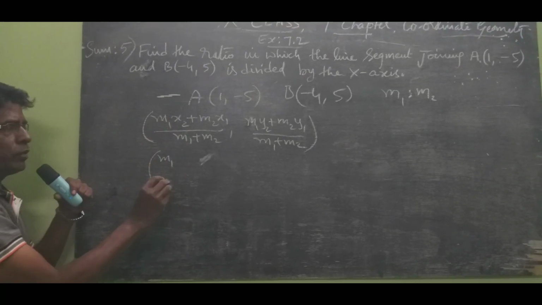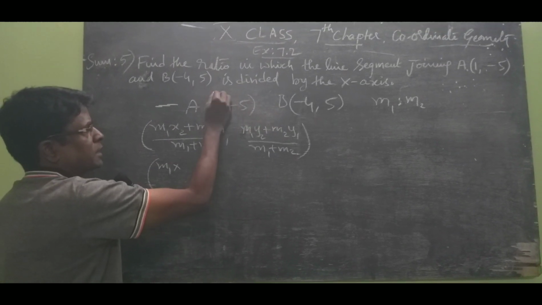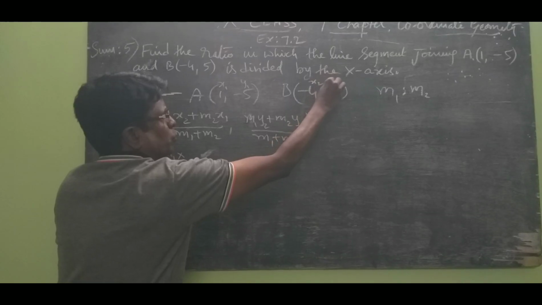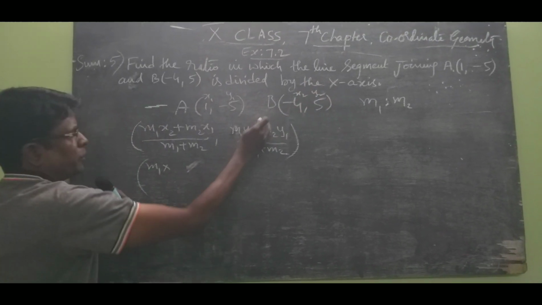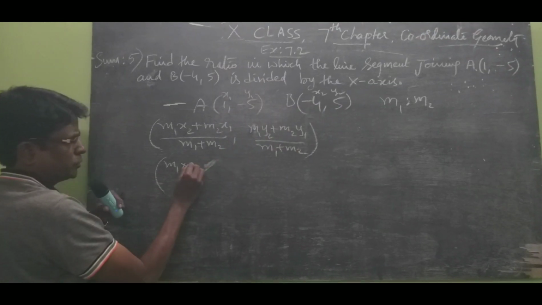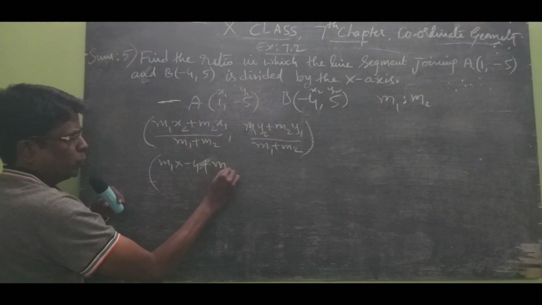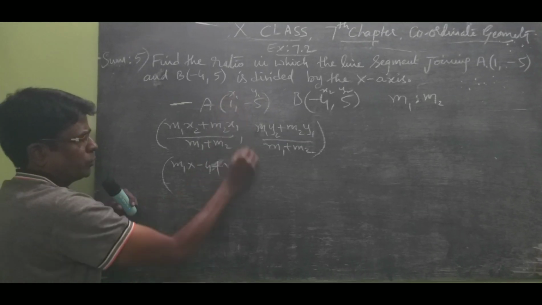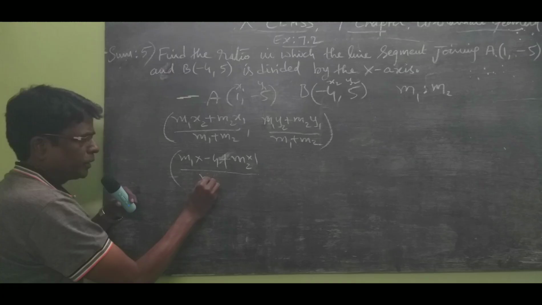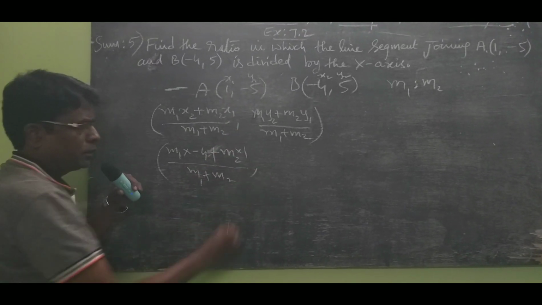m1 x2 means m1 into x2. Take this as x1, y1 and this as x2, y2. So m1 into what is x2? Minus 4, plus m2 into what is x1? 1, divided by m1 plus m2, comma.